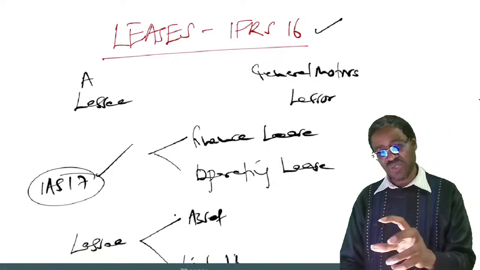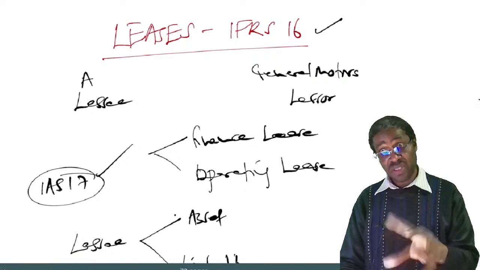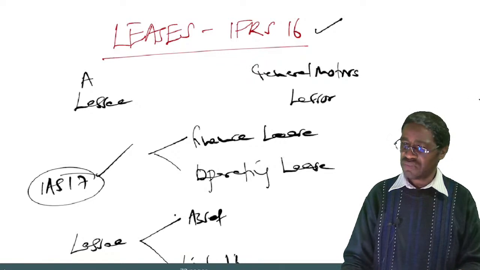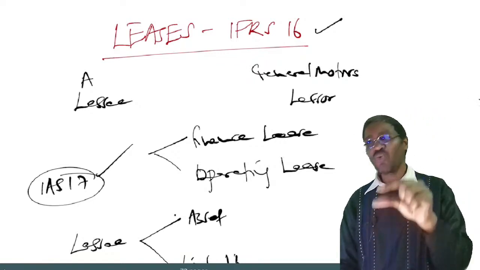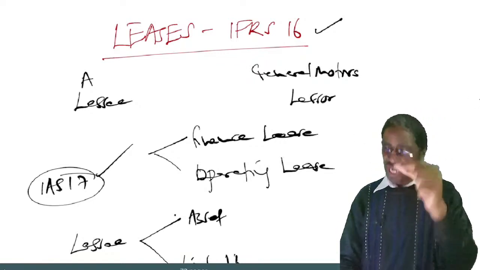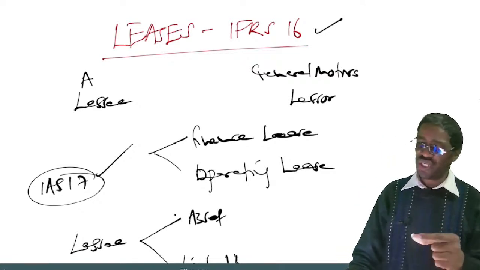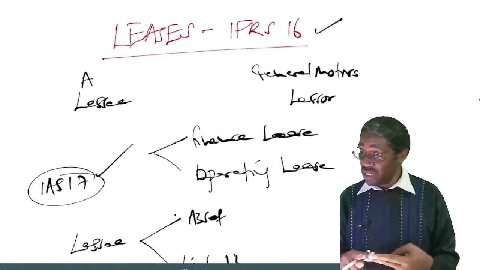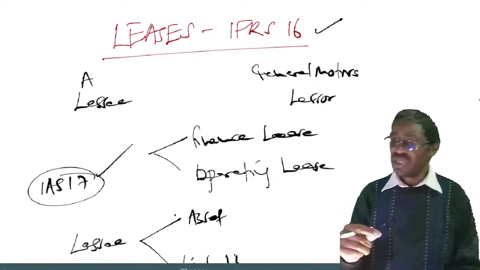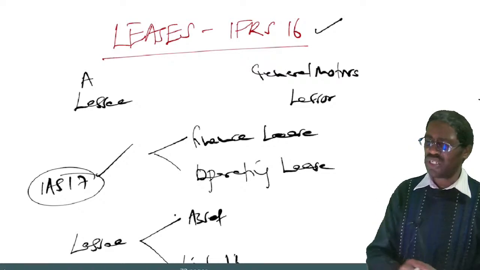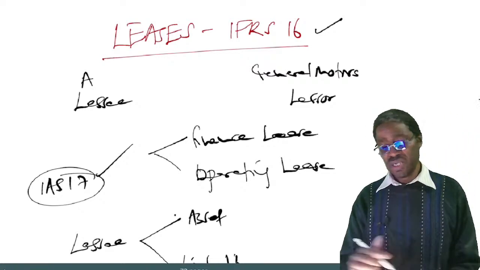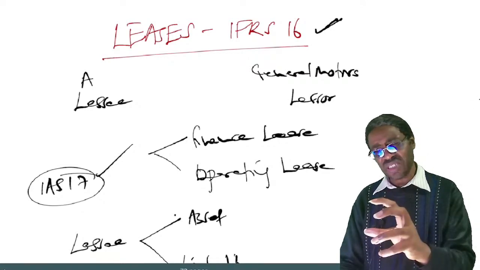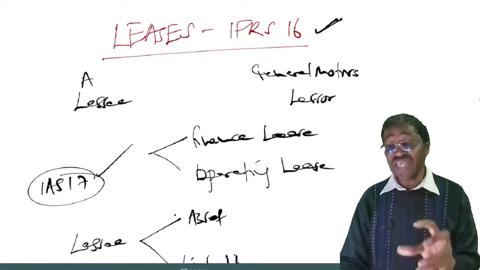That was the accounting standard for leases. I have said, in the original accounting standard, a lessee was required to classify the lease contract either as a finance lease or an operating lease. Then I've said, but the new accounting standard on leases, IFRS 16, does not require the lessee to classify the lease.